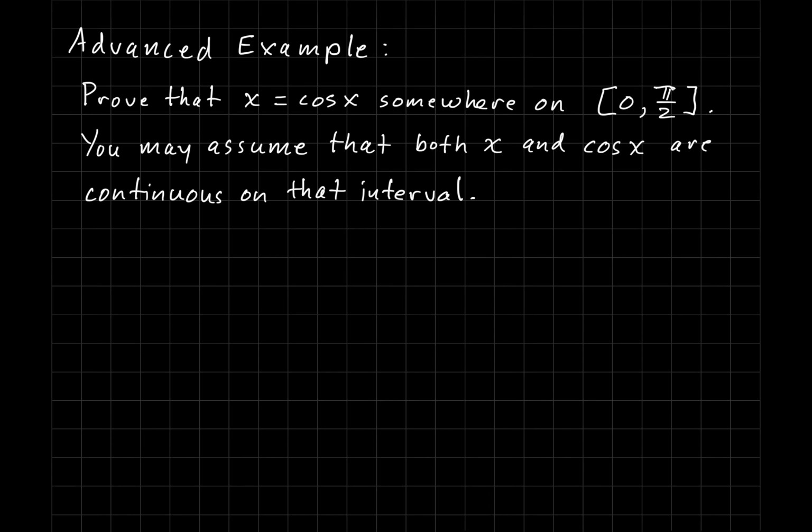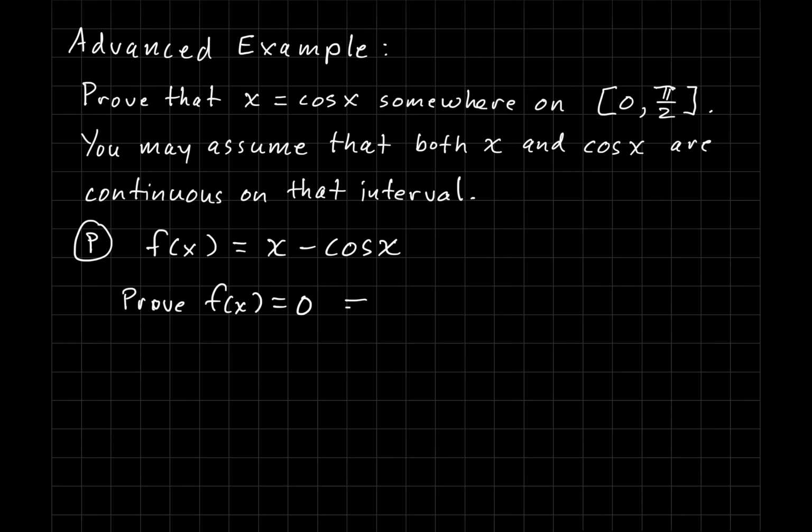I'm going to start by defining a function f of x equals x minus cosine of x. And notice that if we can prove that f of x equals 0 somewhere, that's the same thing as proving x equals cosine of x. Convince yourself that is true, that if y equals 0, as we defined it, then x must equal cosine of x.